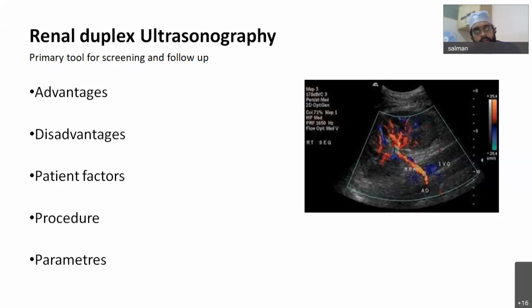Another parameter they consider is the ratio of the renal artery to the aortic peak systolic velocity. Any ratio greater than 3.5 can be taken as indicating a greater than 60% stenosis in the lesion.